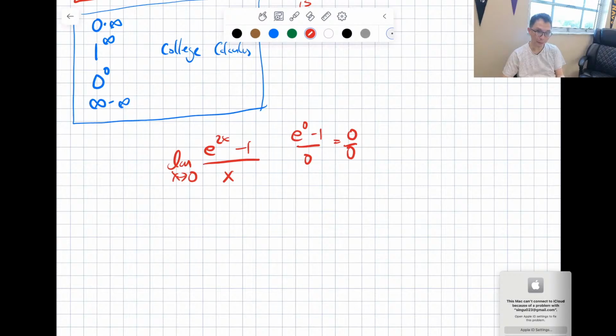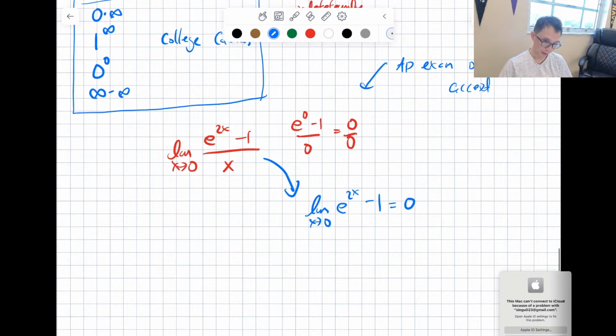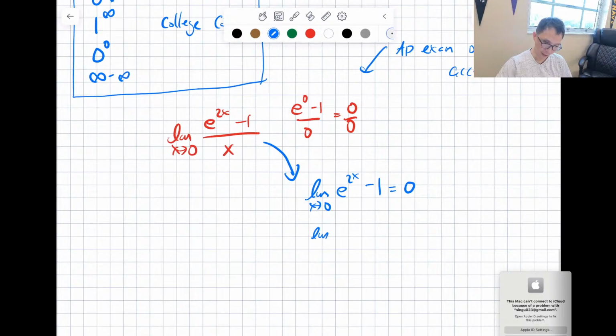However, I'm going to say this right now. Please pay attention. The AP exam does not accept this. Instead, the AP exam wants you to write like this. The limit as x approaches 0 of e to the 2x minus 1, you have to set the numerator equal to 0. I don't agree with it because Cauchy doesn't agree with it either. And the limit as x approaches 0 of x is also equal to 0.